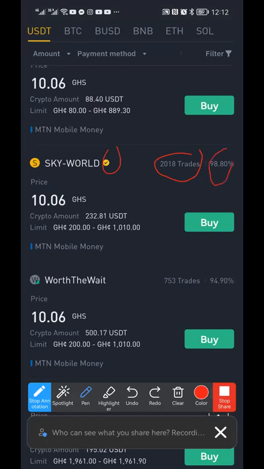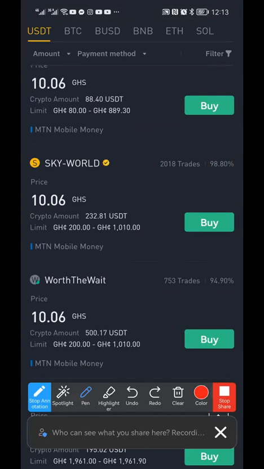You also look at the completion percentage. Now this is the limit, 232.81. That's what he has. The minimum he can sell is 200 cedis, and the maximum he can sell is 1,010 cedis.